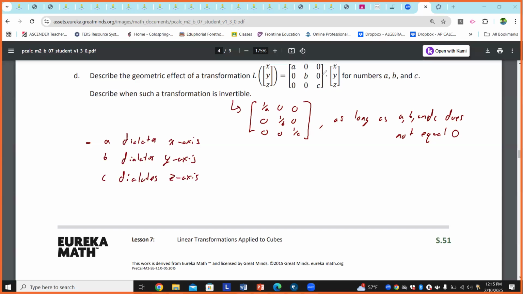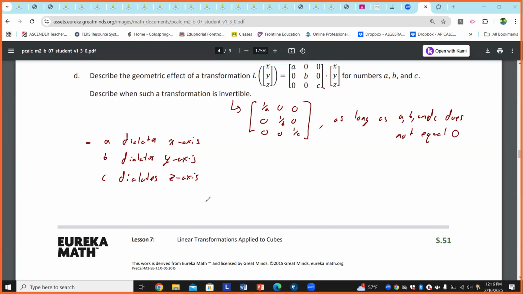Same concept if this row to this column, the 0 and z would cancel out, and I only have B times y. And then this row times this column, the zeros would cancel out x and y, and I would literally only be left with Cz. So when it's written like that, that's why it only affects these corresponding axes, which is what we saw when we expanded it. We saw the x, y, and z axes change depending on what values those were. Any questions on that?